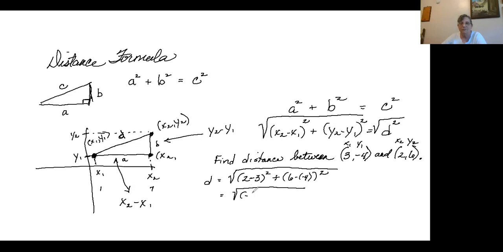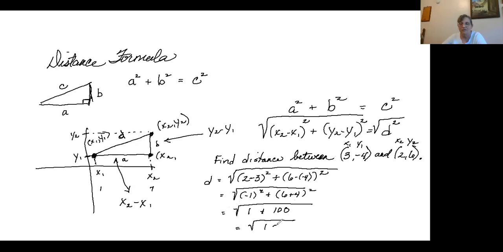So this is going to be negative 1 squared plus 6 minus negative 4 is 6 plus 4. So this is going to be 1 squared is 1, negative 1 squared is 1, plus 10 squared is 100.